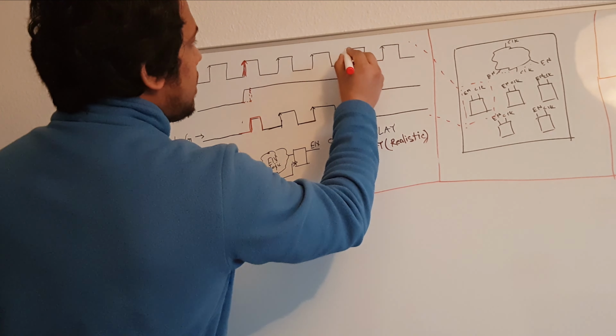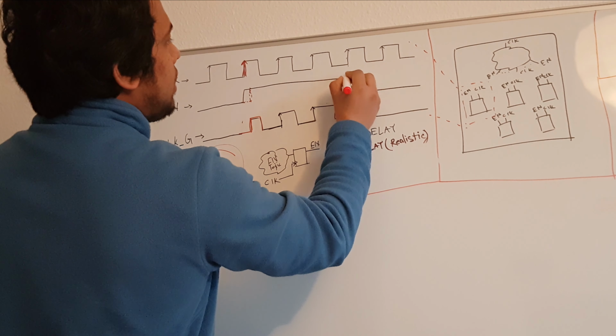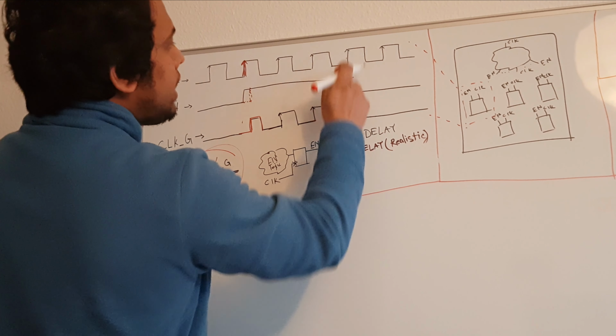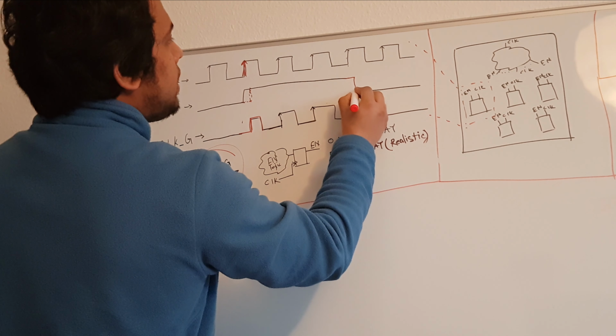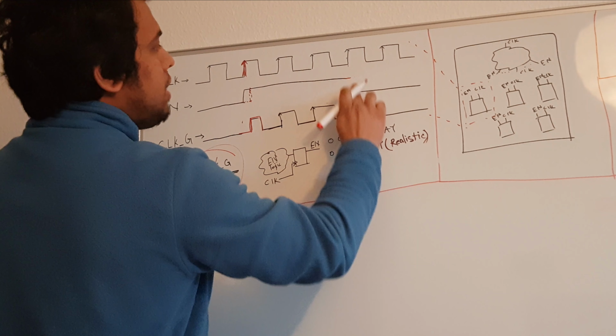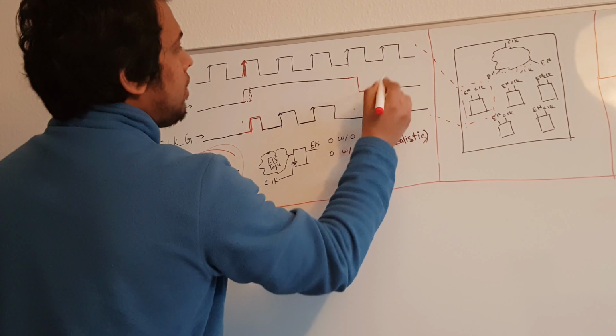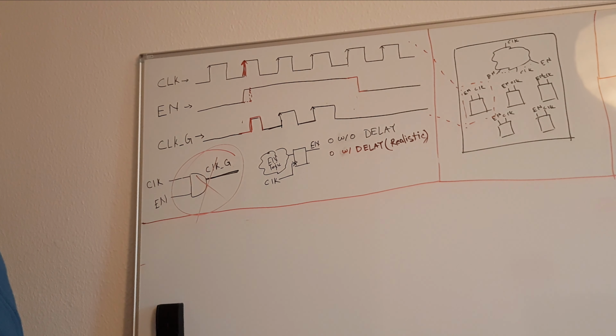So that means instead of having this enable go from 1 to 0 right at this point, because of the delay we will have it probably here, or maybe here, I don't know. It's according to the delay model that we have.